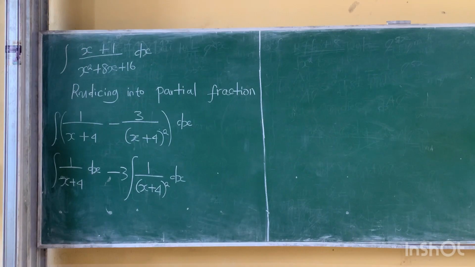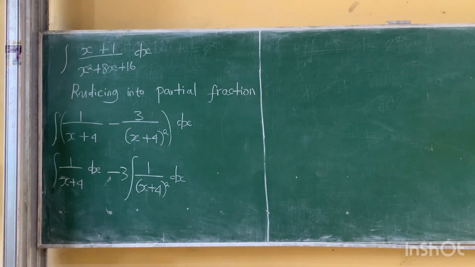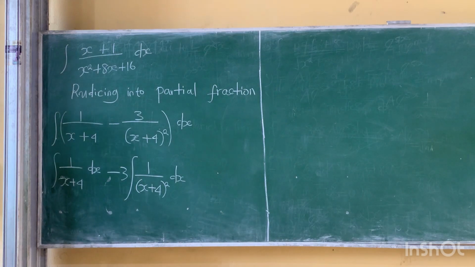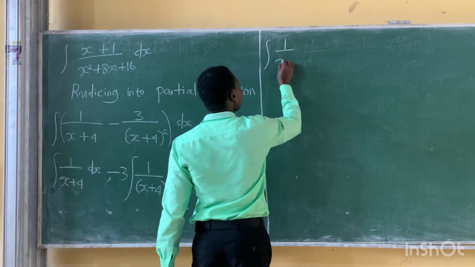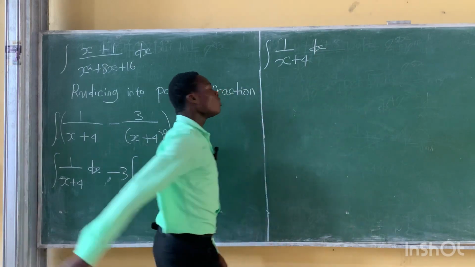I just distribute the integral and factor out the 3. So we obtain this. Now we are going to integrate this and also integrate this. I'm going to start with the integral of 1 over x plus 4 dx.